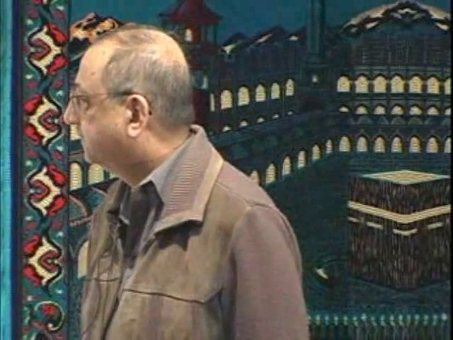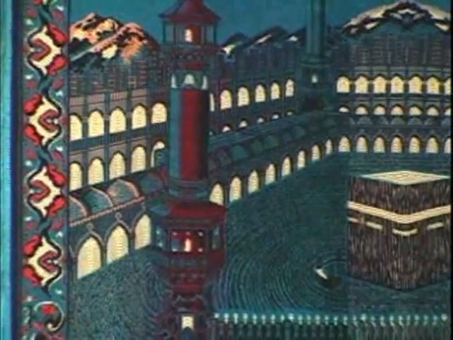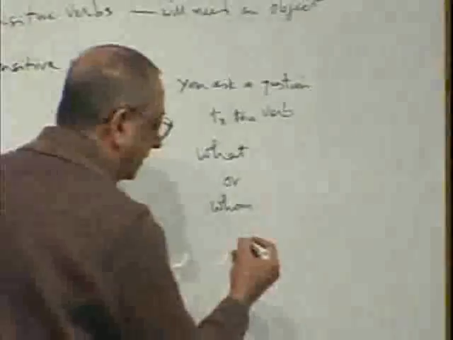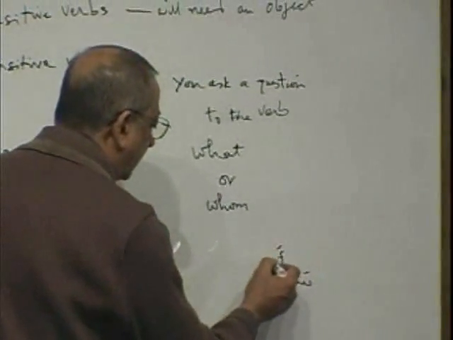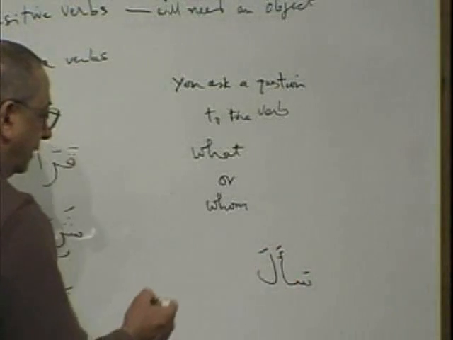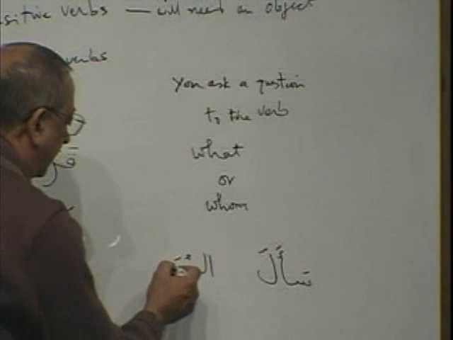Okay, brothers and sisters? So these are some of the examples that I gave you. Now I write down one verb, brother, and then we are going to conjugate them, inshallah. Sa'ala al-mudarrisu.